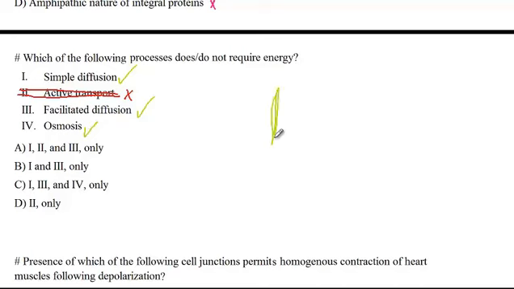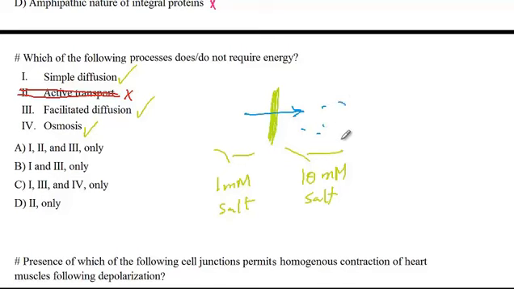Like for instance, if you have a plasma membrane here, and we have water that has a low solute concentration of, let's say, 1 millimolar salt versus an area of high solute concentration of 10 millimolar salt, water will move from this area of low solute concentration to area of high solute concentration in order to equilibrate molarity on both sides of this membrane.